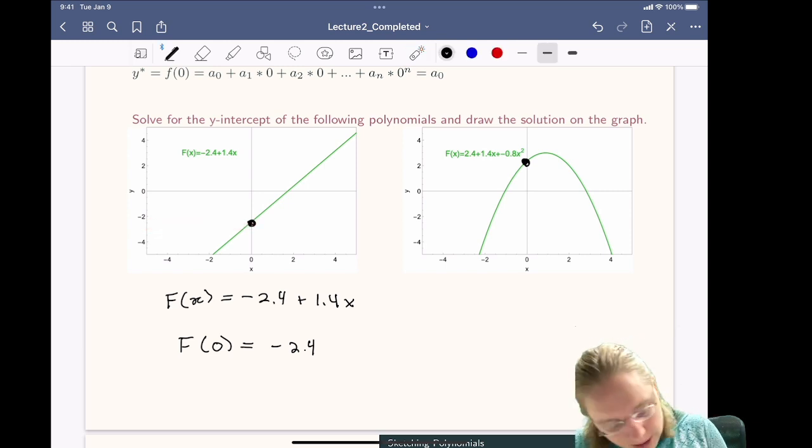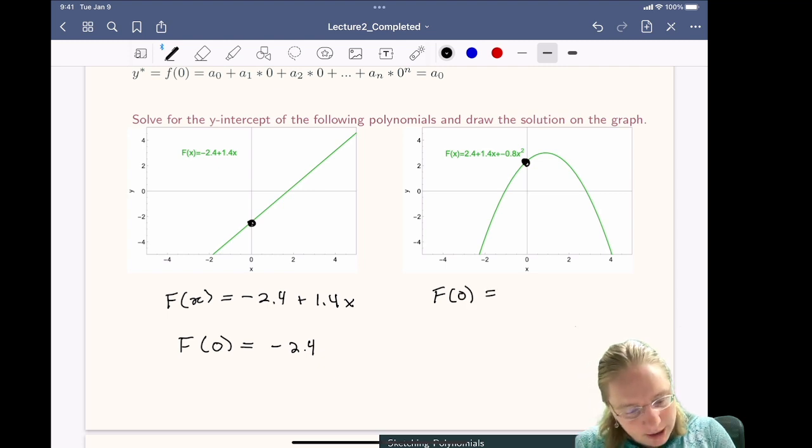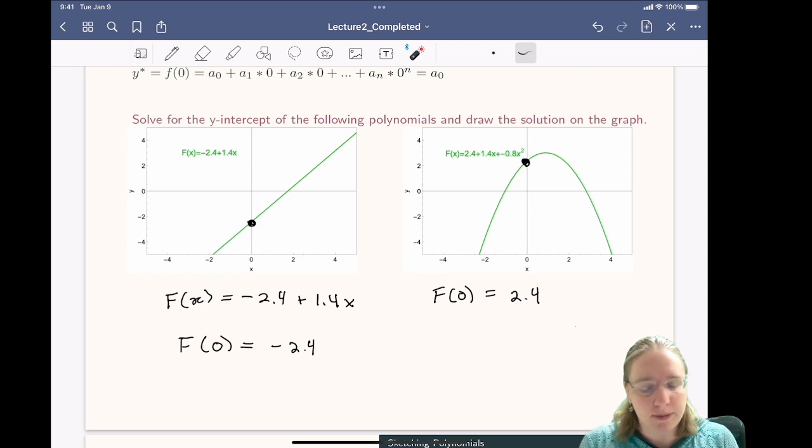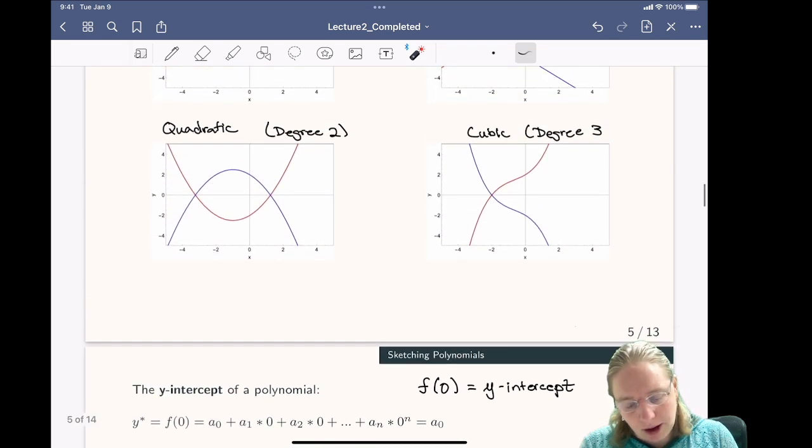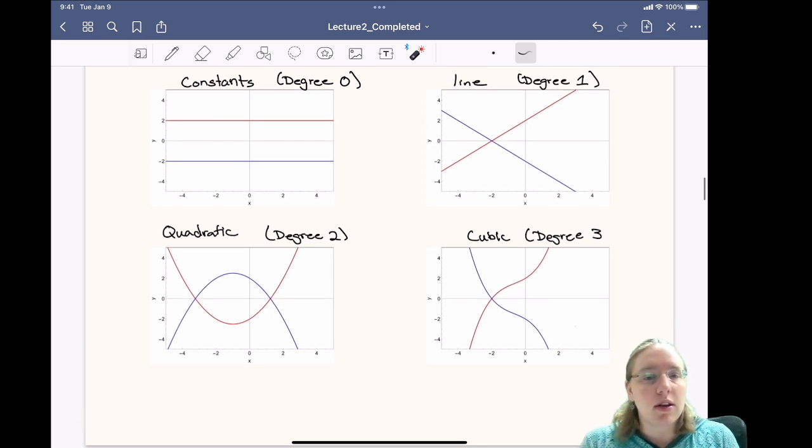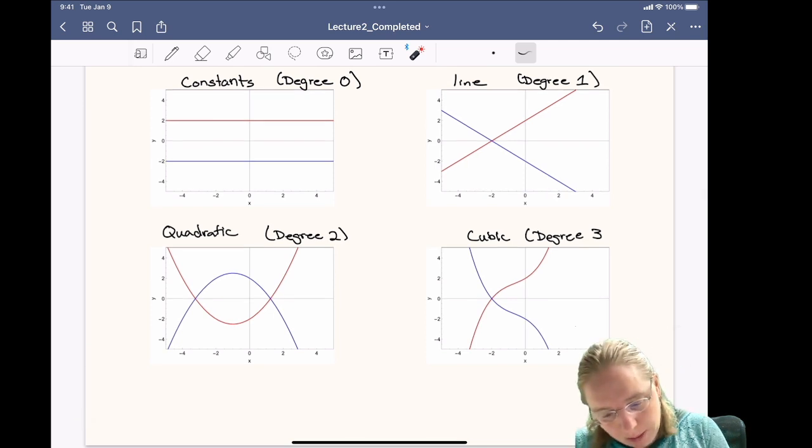Okay, similarly, if we plug in f of 0 for this quadratic here, note that it has one hump, then we end up with a value of positive 2.4. And yes, if we check off of our graph, it's about 2.4. All right, so we can use those y-intercepts to tell us a lot about these polynomials that we had on the previous page.